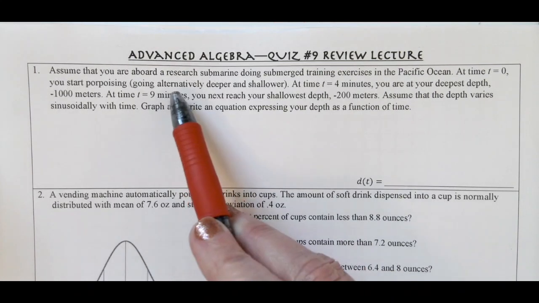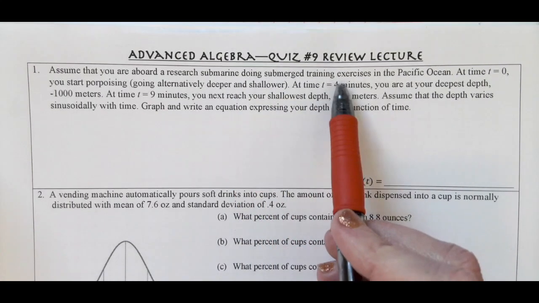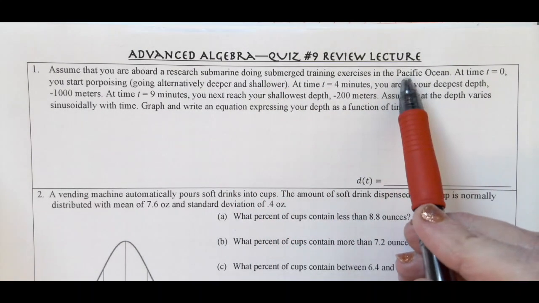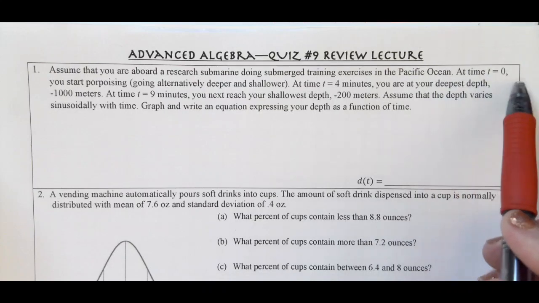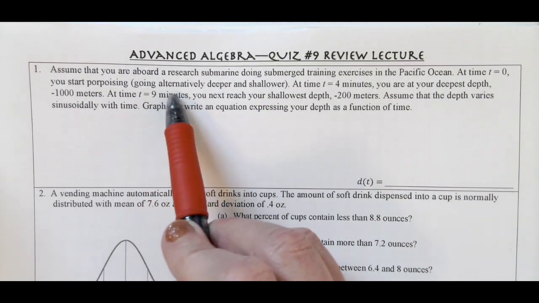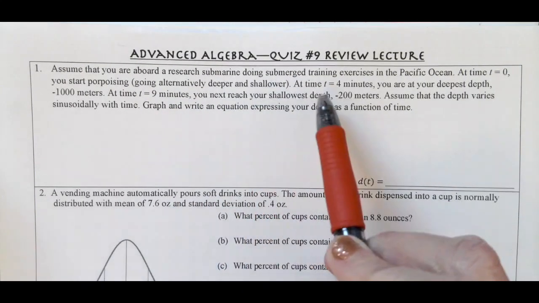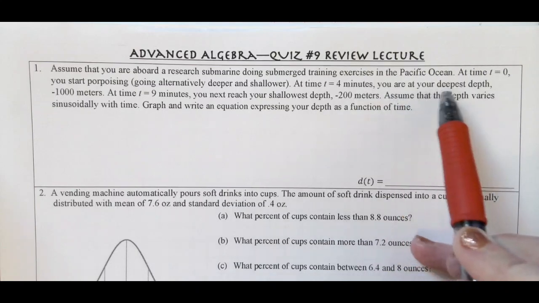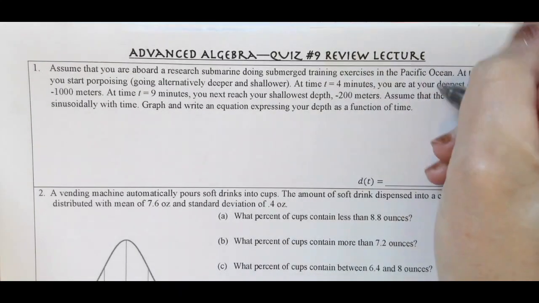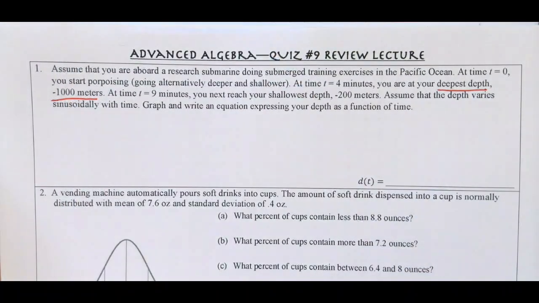Assume you're aboard a research submarine doing submerged training exercises in the Pacific Ocean. At time t=0, you start porpoising, so going alternatively deeper and shallower. At 4 minutes, you are at your deepest depth, -1,000 meters.